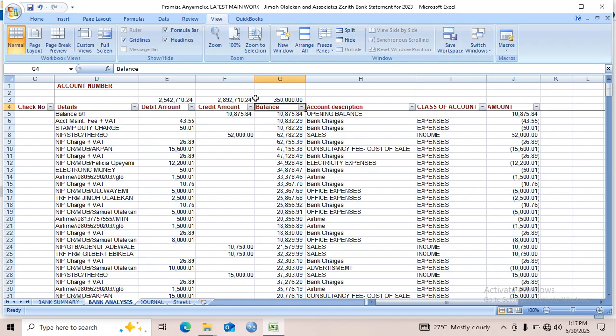So after we've done all this check, we can also do a check for this amount side.